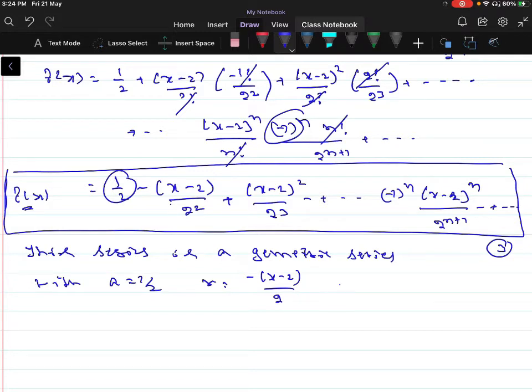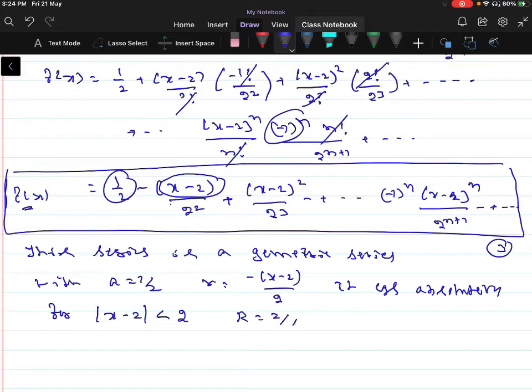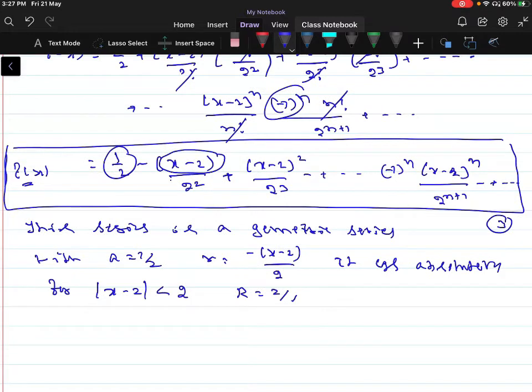This series converges, and it converges absolutely for modulus of x minus 2 less than 2, where 2 is the radius of convergence. Series convergent for modulus of x minus 2 less than 2, so this can be written as minus 2 less than x minus 2 less than 2.